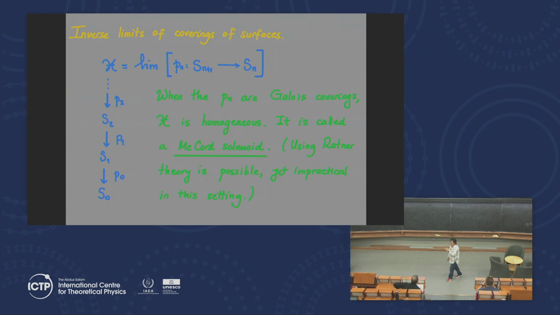So in this case, the solenoidal surface you get at the inverse limit is actually homogeneous. So you could do Ratner's theory here. Normally Ratner's theory would apply to tell you what the horocycle orbit closures are. The thing is, it's very difficult to pull this off in specific examples, so it's not practical to do so, but it's possible.